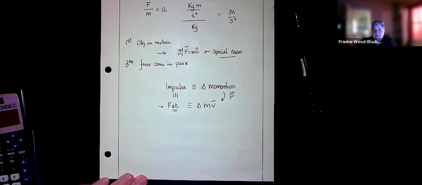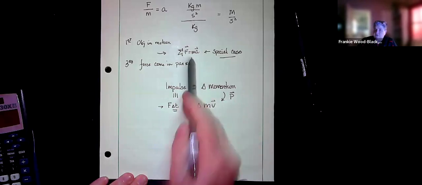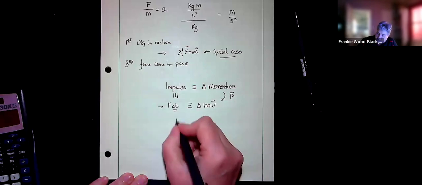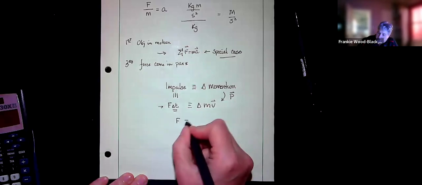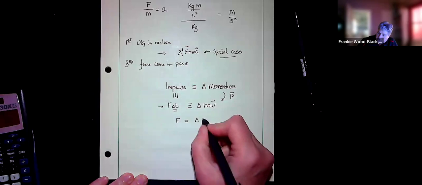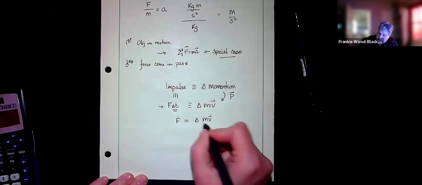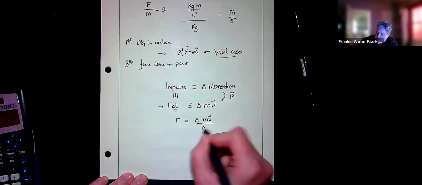Kind of an interesting thought process here, but we said that Newton's second law is F is equal to ma. Well, let's do a math trick. We're going to say force is equal to a change in momentum divided by a change in time.